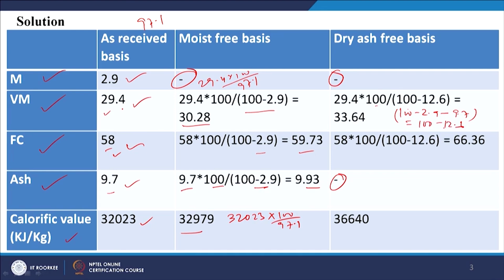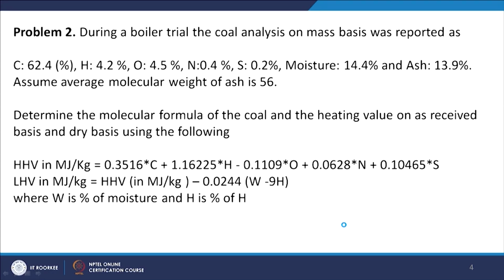That value is converting to 33.64. For fixed carbon we are having 58 into 100 divided by 100 minus 12.6, so 66.36. Then what will be the calorific value? Obviously 32023 into 100 divided by 100 minus 12.6, that we are getting 36,640 kilojoule per kg. So, the problem is solved.